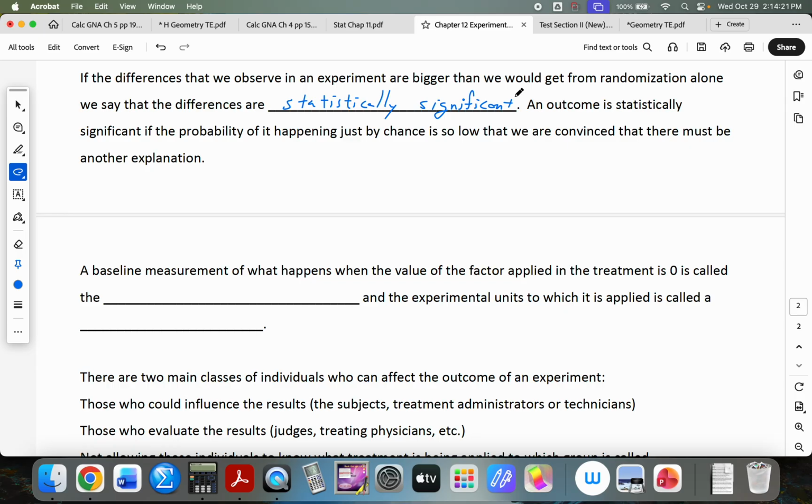So an outcome is statistically significant. And this is a phrase you might even want to consider memorizing, because occasionally someone will ask, what does it mean? Well, it's statistically significant if the probability of it happening by chance is so low that we are convinced that there must be some other explanation.